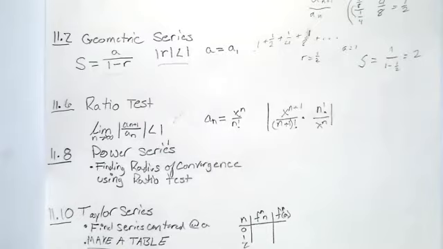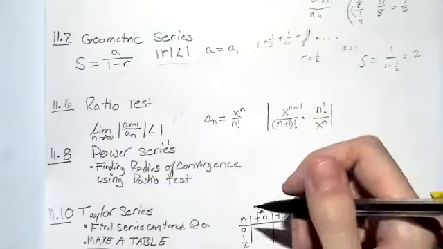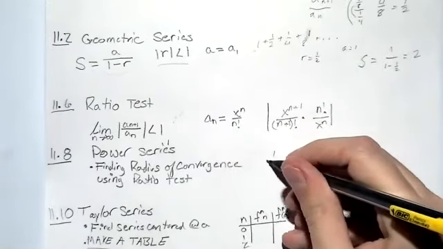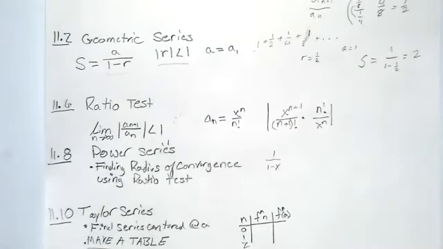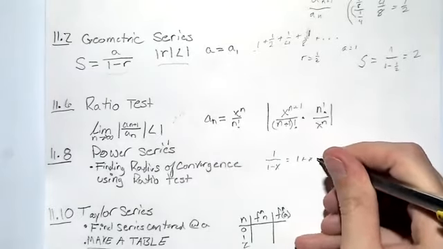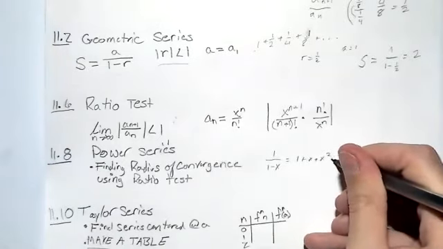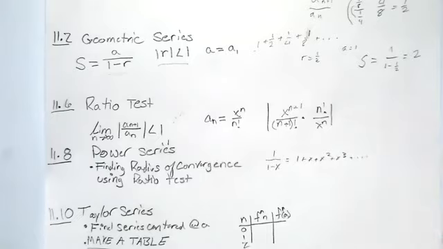So you use an equation that you've learned before. So power series, one thing that you'll want to remember is this 1 over 1 minus x. We can relate it to a summation that looks like this: 1 plus x plus x squared plus x cubed plus, I think you get the point.